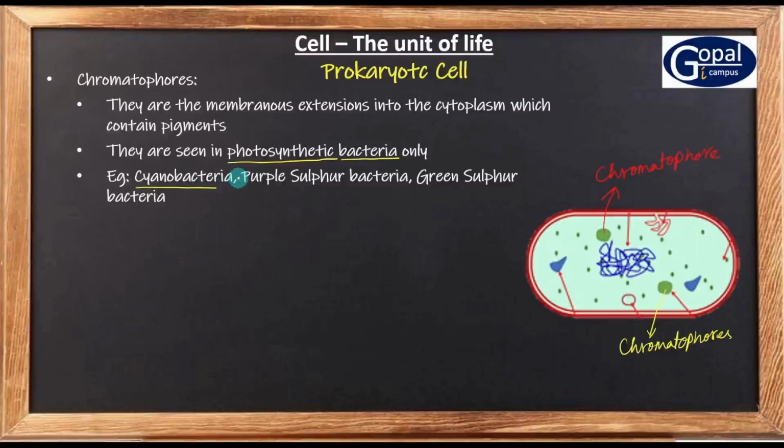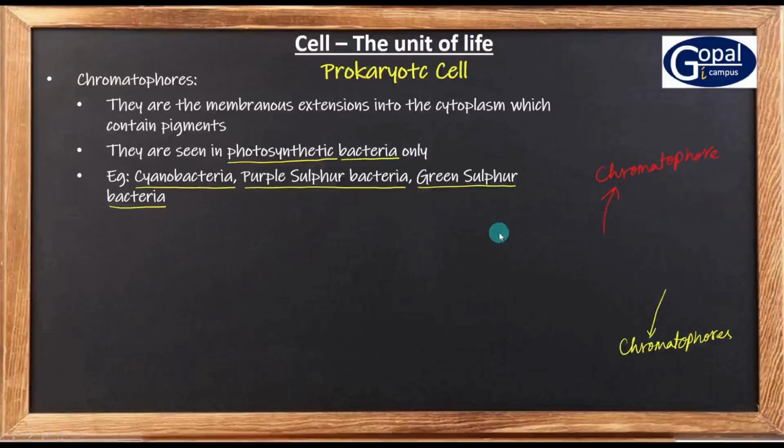We have already learned that cyanobacteria can also be called blue-green algae. And photosynthetic bacteria like purple sulfur bacteria and green sulfur bacteria also possess these chromatophores. So these chromatophores help in photosynthesis.